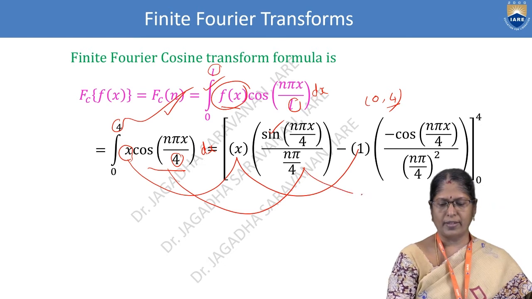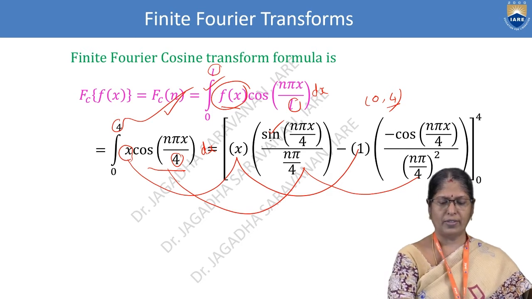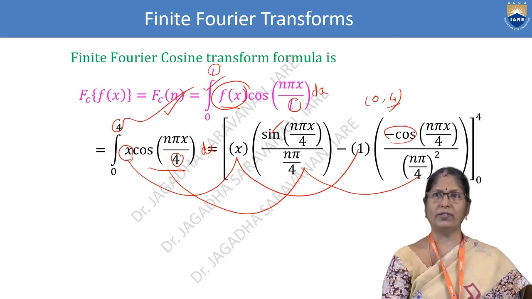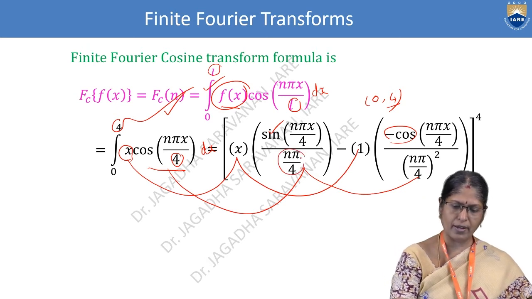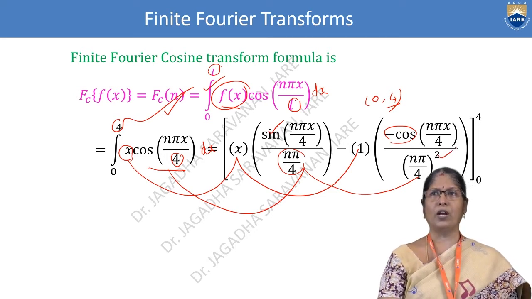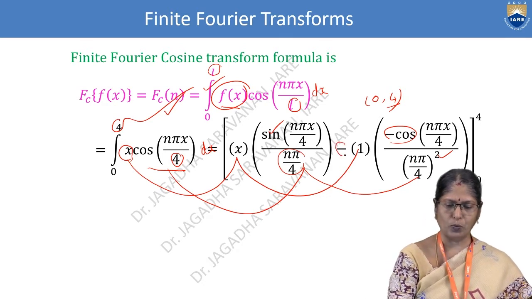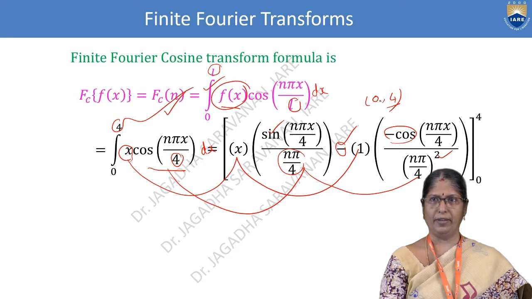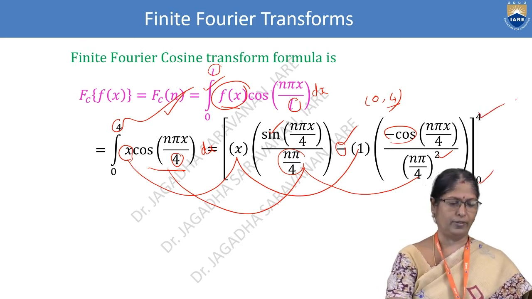Again integrating the trigonometric term, the sine integral is minus cos: minus cos of n pi x by 4 divided by n pi by 4, but already n pi by 4 is there, that is the reason for n pi by 4 the whole square. This is the formula of this particular type of integration, with limits 0 to 4.